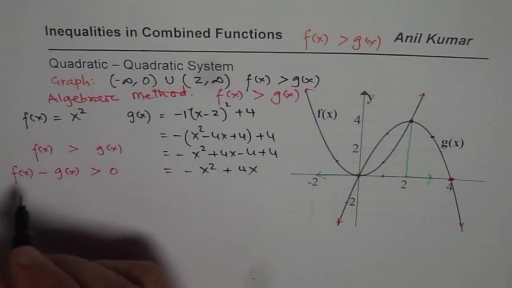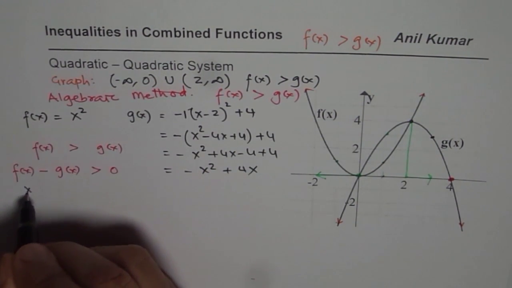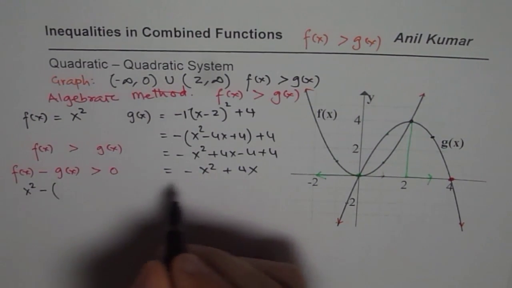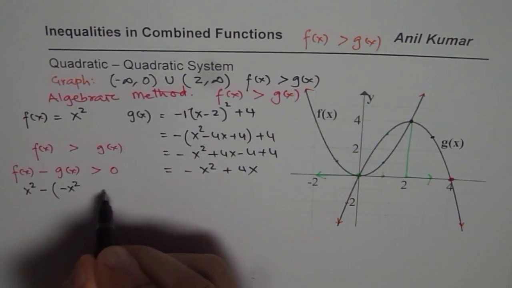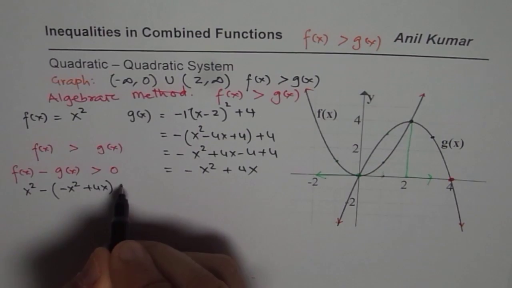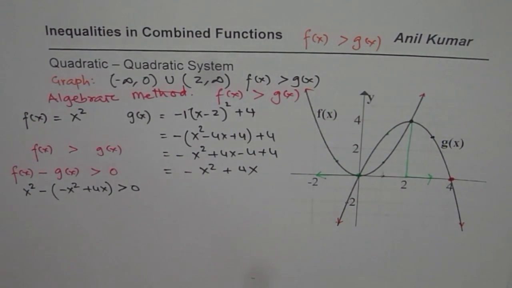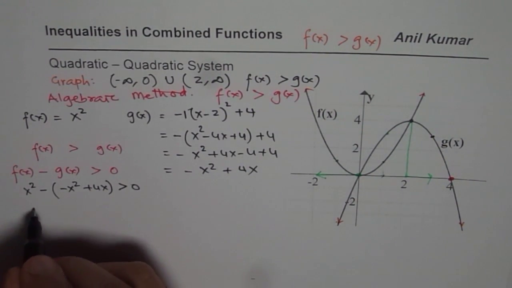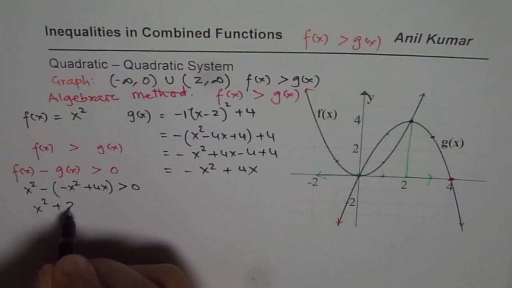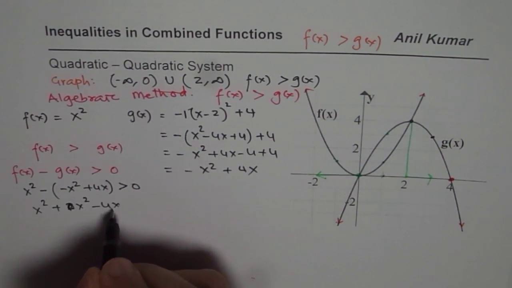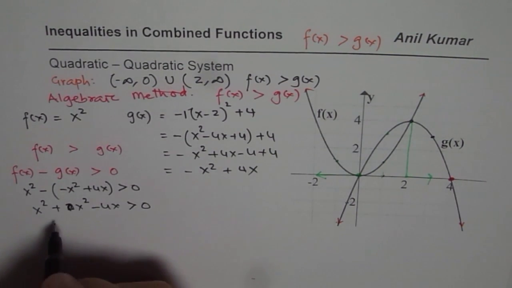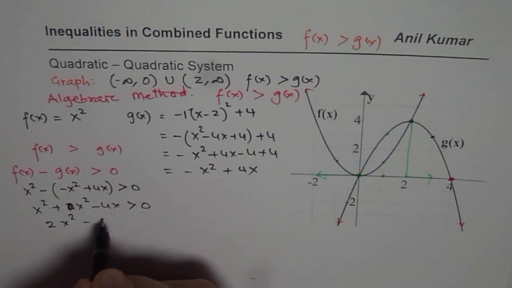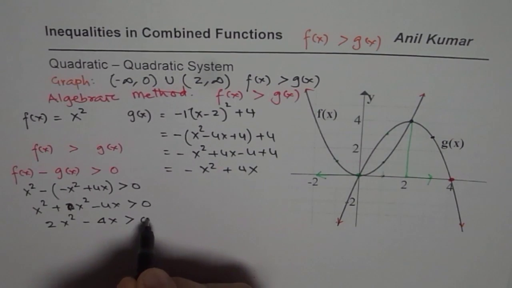So we get x squared for f of x, minus g of x, which is minus of minus x squared plus 4x, greater than 0. Let's open the bracket and simplify. So we get x squared plus x squared, and x squared minus 4x... so that is 2x squared minus 4x greater than 0.